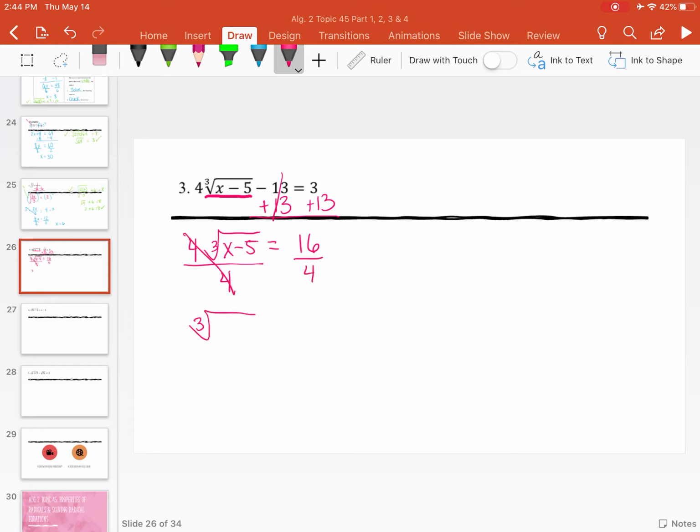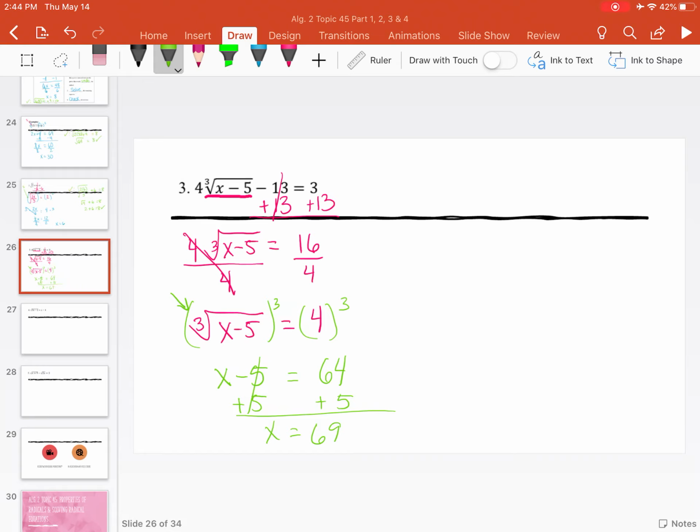And the cube root of x minus 5 equals 16 divided by 4, which is 4. Now here, the index is 3, so we're going to cube both sides. This will just leave me with the radicand, x minus 5, and 4 cubed is 4 times 4 times 4, or 64. Add 5 to both sides. x should give me 69.